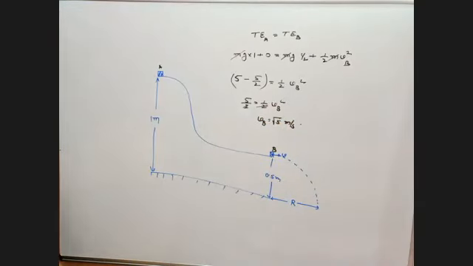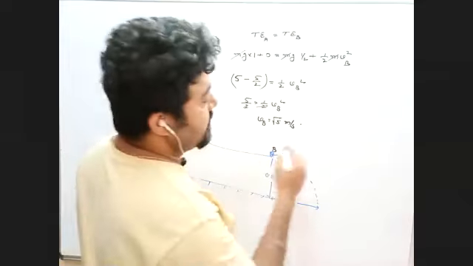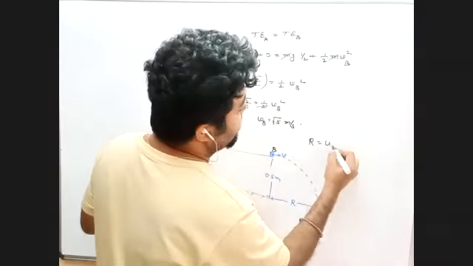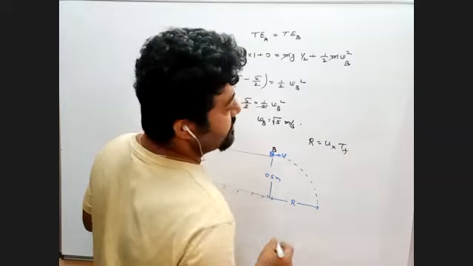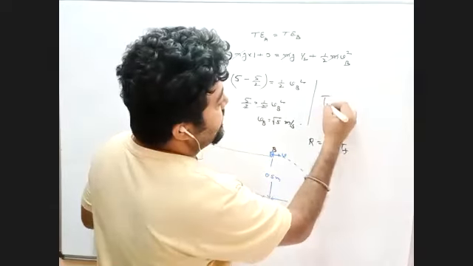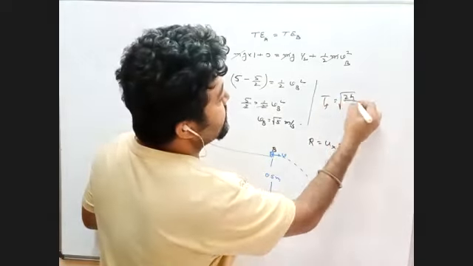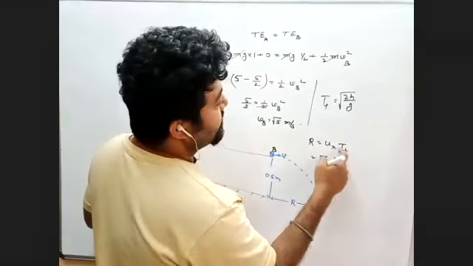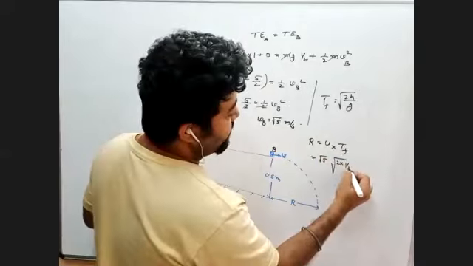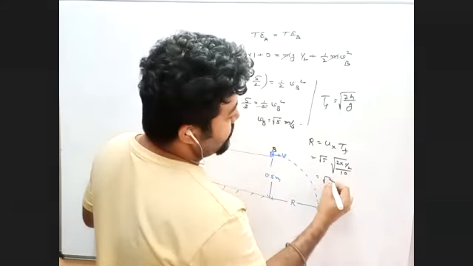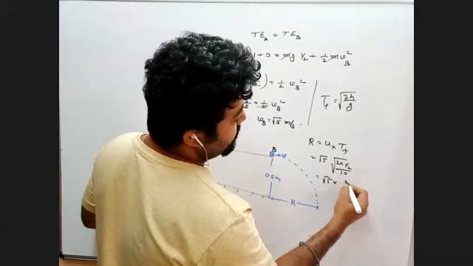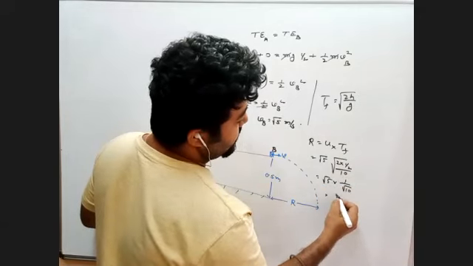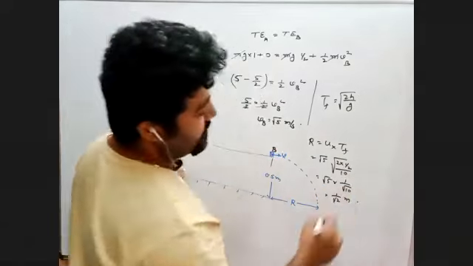So when you get the velocity, I think you remember range is velocity along x-axis into time of flight, and time of flight is root under 2h by g. So velocity along x-axis is root 5, time of flight is root 2 into half by 10. So root 5 into 1 by root 10, that is 1 by root 2 meter.